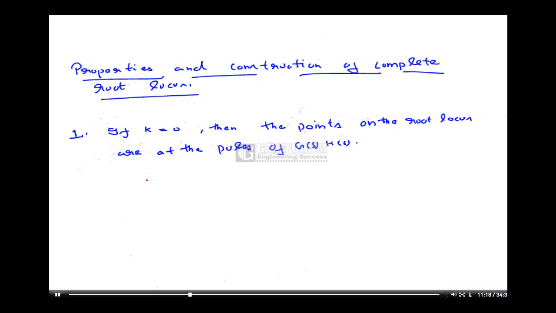See, suppose I have my G(s)H(s) as something like k times (s plus 1) upon s into (s plus 2)(s plus 3).